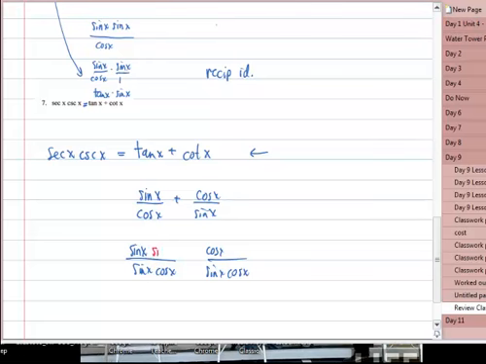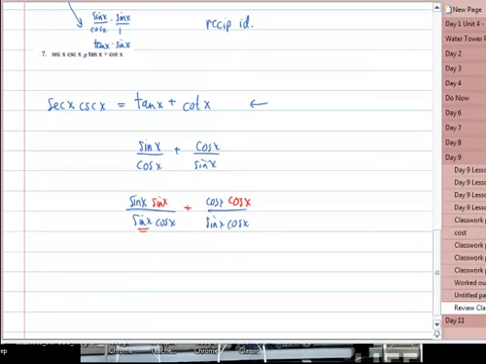So in this one we have to put another sine of x there because it just had a cosine before, and in this one on the right I'm going to put a cosine of x in the numerator because it wasn't there before. So whatever I put in the denominator, I have to put in the numerator. So now I can add these fractions. I have sine squared of x plus cosine squared of x all over sine of x cos of x.